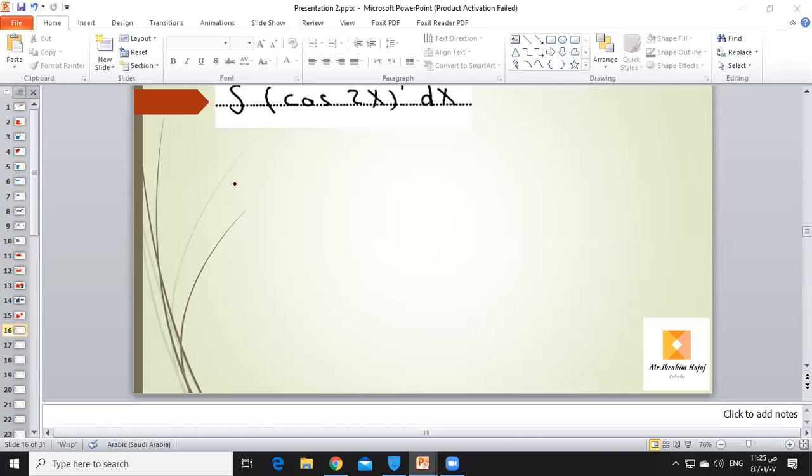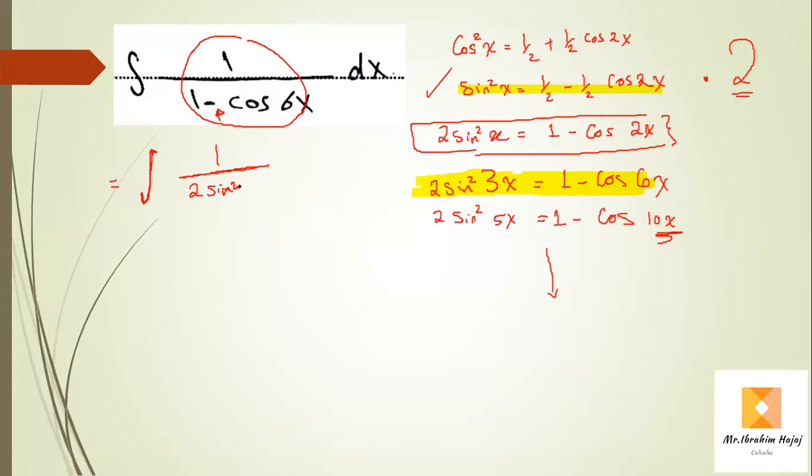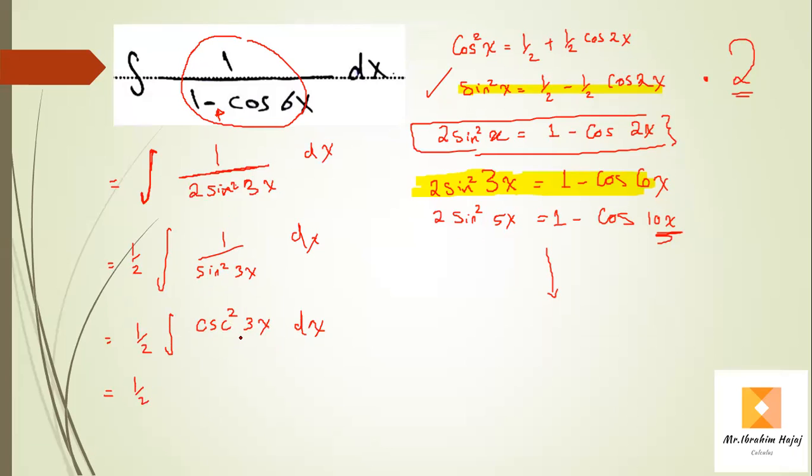Sine squared 3x dx. And we know 1/2 is a constant outside the integral. 1 over sine squared 3x dx, and we can write it using the fact that 1 over sine squared is cosecant squared 3x dx, which is 1/2. 1 over sine is cosecant, and 1 over sine squared is cosecant squared.